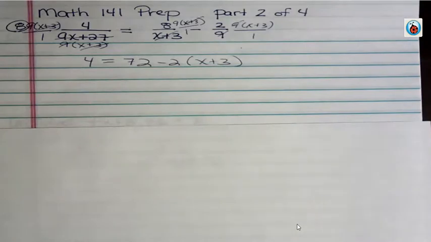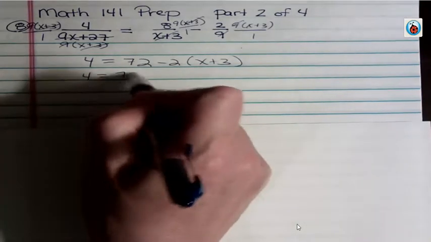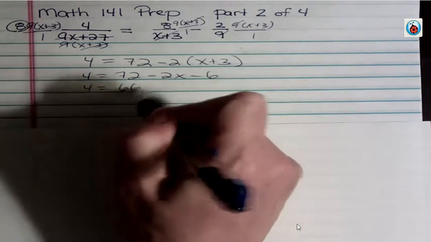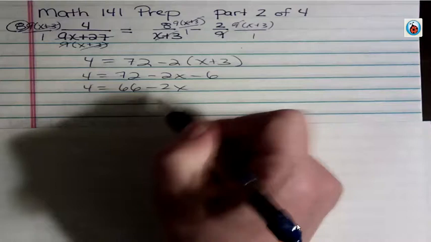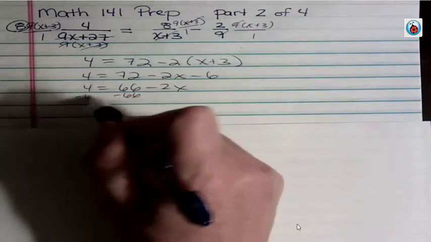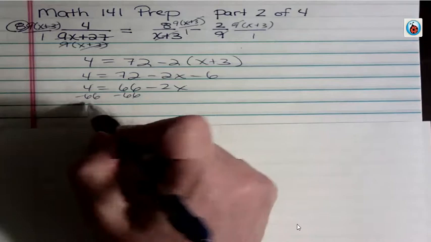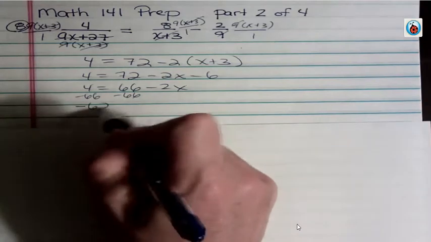So now if I want to solve this, I'm going to distribute: negative 2x minus 6, and I have 72 minus 6, which is 66. And then I'm going to subtract 66 from both sides. 4 minus 66 is negative 62.